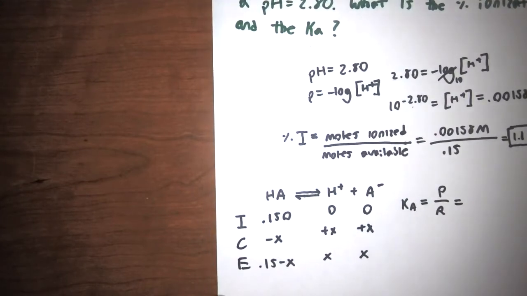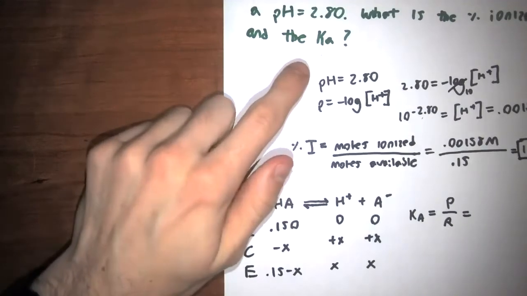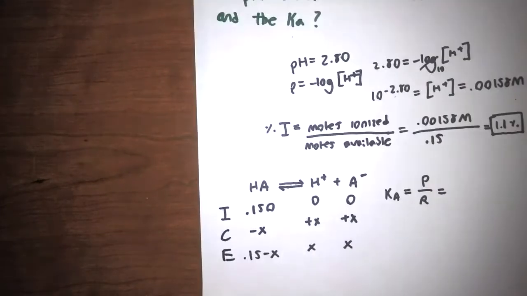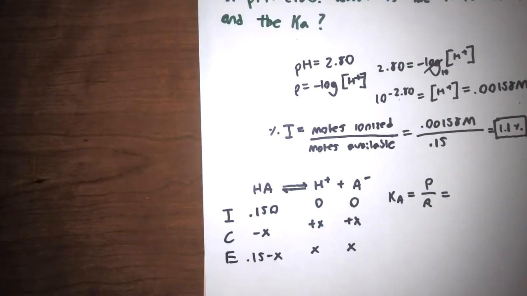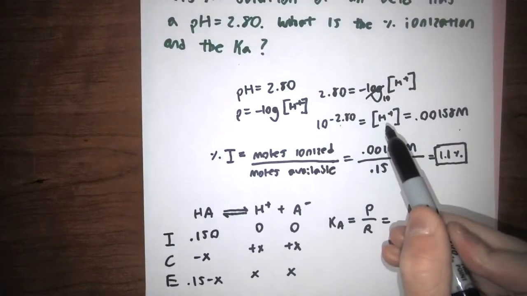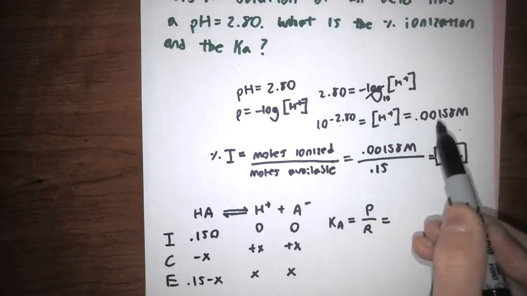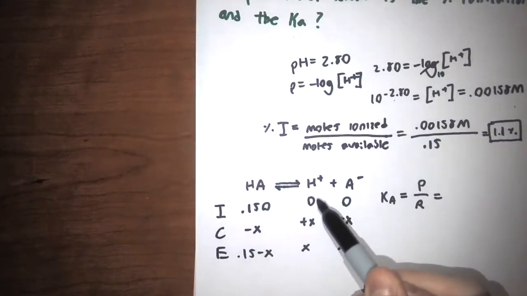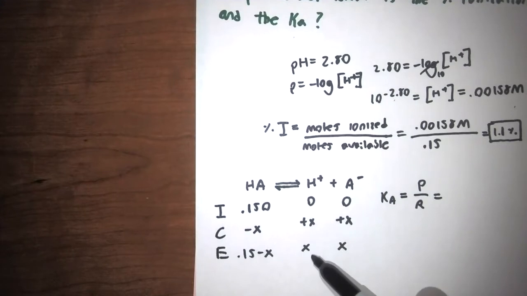Well, here's where I'm stuck, because I don't have a K, and I have equilibrium, but it's in terms of x. So I'm screwed, right? No, that's where you're wrong. You have the information you need. Look what we solved for here. H plus is equal to 0.00158. H plus started at 0 and it changed to 0.00158.